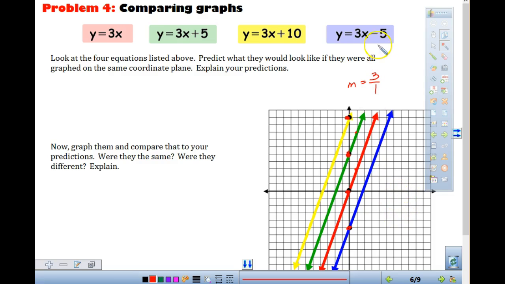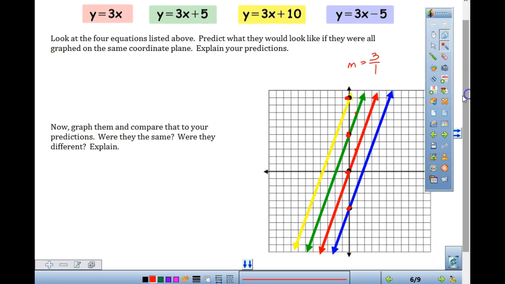So they're different because of the y-intercept, but they're the same because they have the same steepness, same slope. This last part of your notes, you have that whole bottom page of page 35 to continue what's written.